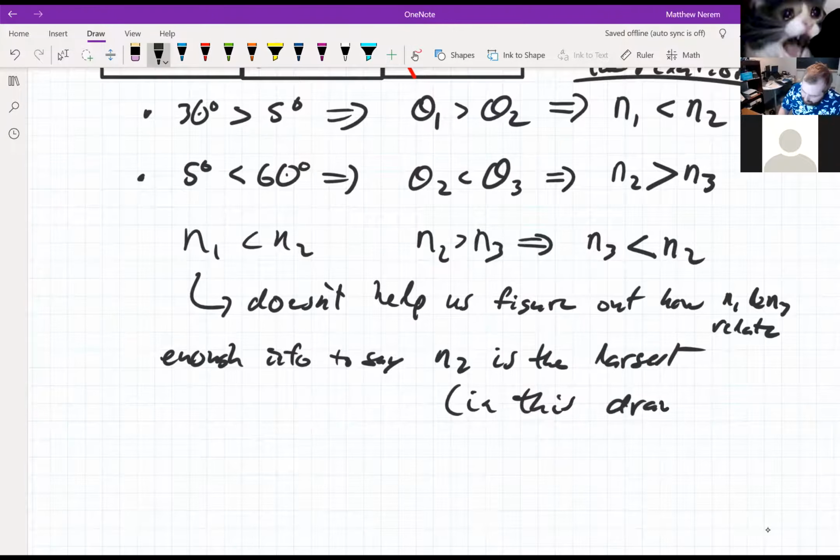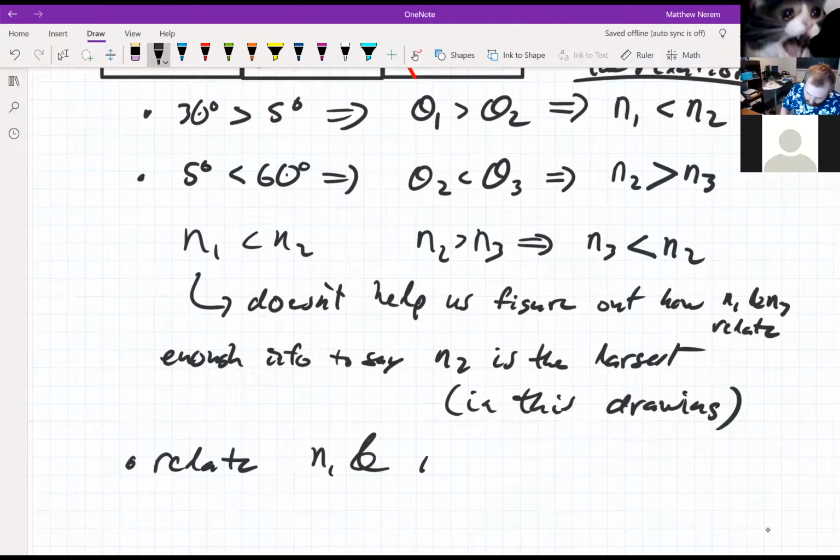You have to be very careful with the rays that you draw on the angles. Right. So now let's figure out the relationship for N1 and N3. How to relate N1 and N3.